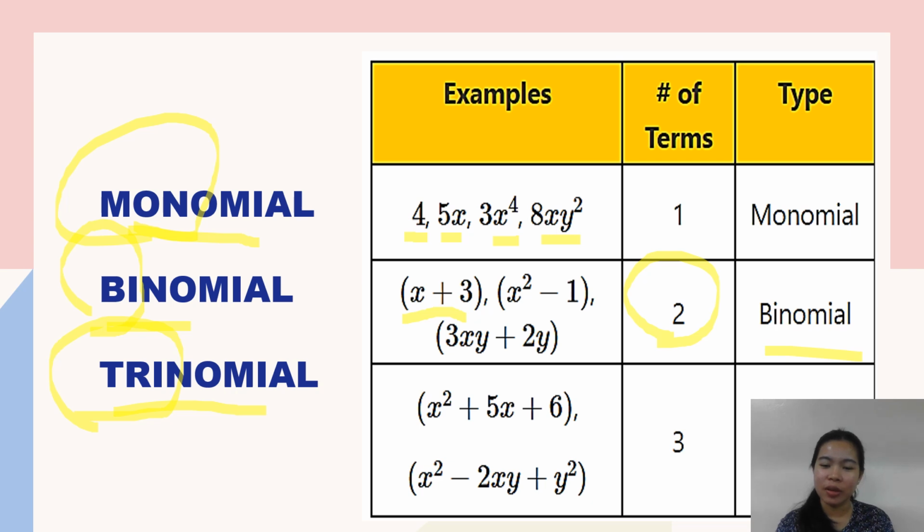Then going back, you have another example as well. You have there x squared minus 1, 3xy plus 2y. For us to be able to know that an example has two terms, you have here an operation.